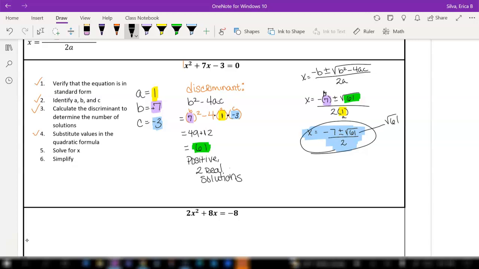And because there's no perfect square that 61 is divisible by, then it is in its simplest form. Now that means that we have 2 real solutions where we've got negative 7 minus square root of 61 over 2, and then this point here would be negative 7 plus square root of 61 divided by 2.